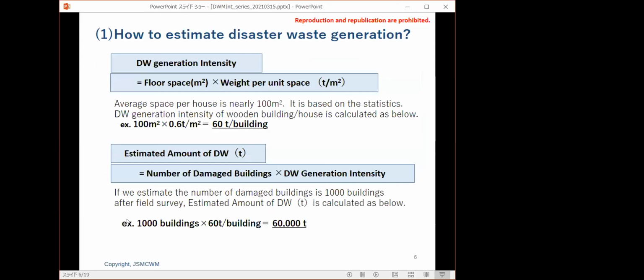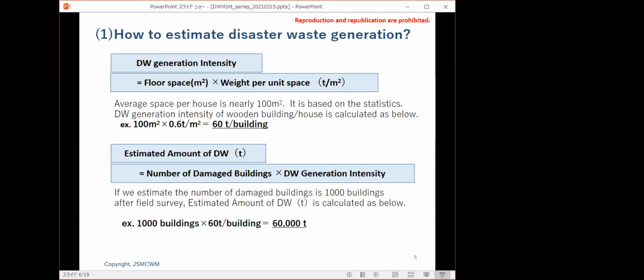So here, in page 6, is an example to estimate disaster waste generation intensity and estimate the amount of disaster waste. First equation: disaster waste generation intensity equals floor space multiplied by waste per unit space. The average space per house is almost 100 square meter in Japan.